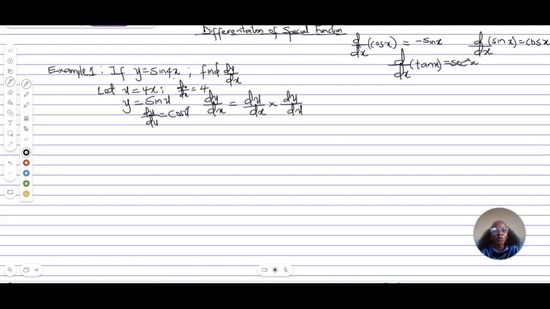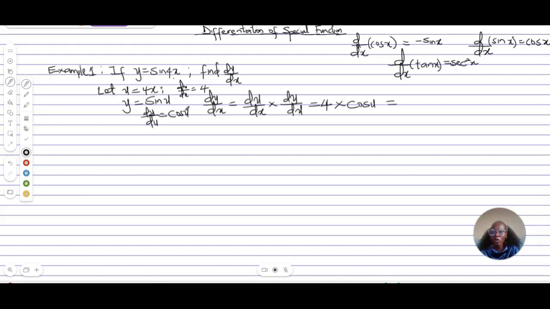Now let's substitute what we have into our formula. du/dx is 4, times dy/du, which is cos u.